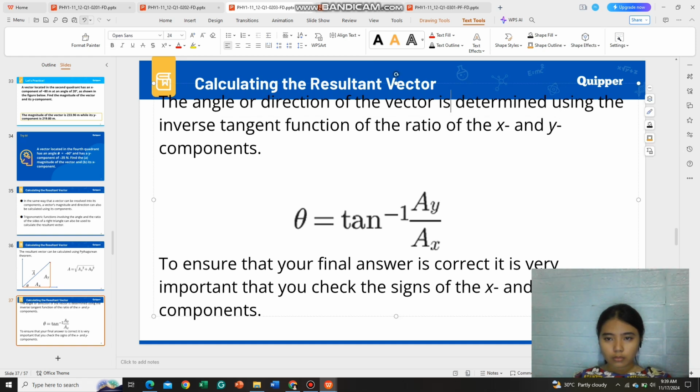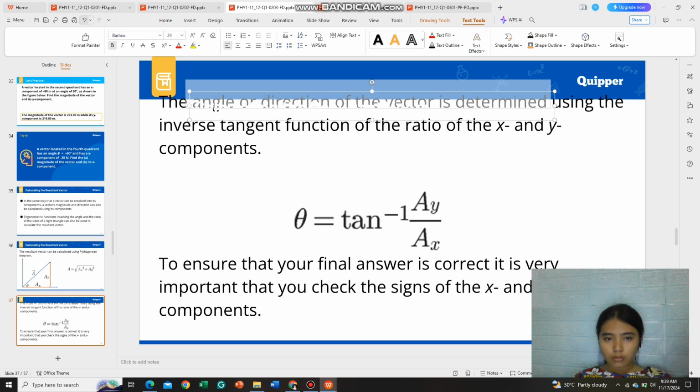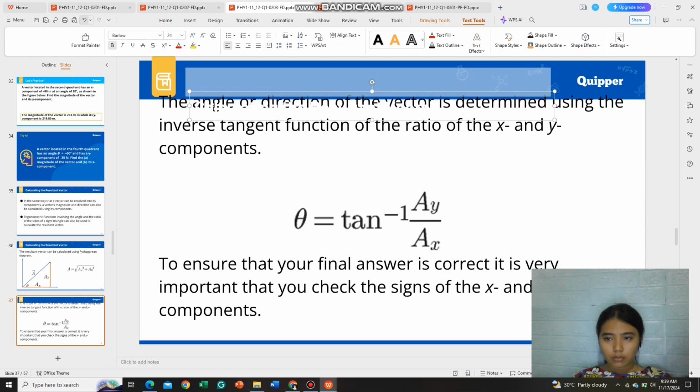So to ensure that your final answer is correct, it is very important that you check the signs of the x and y components.